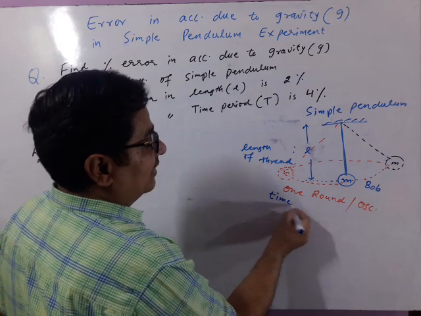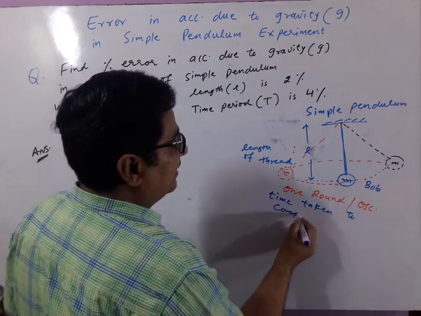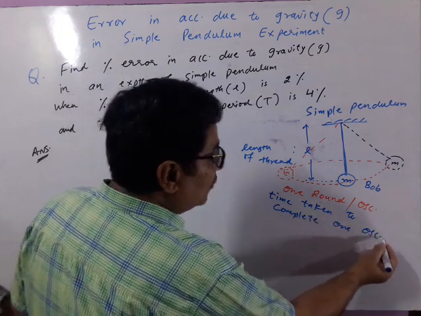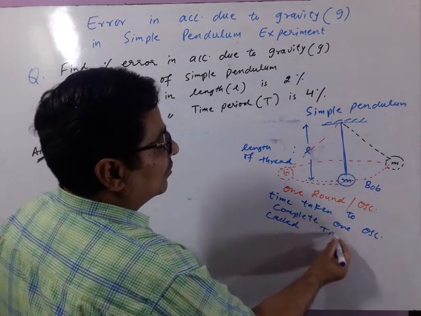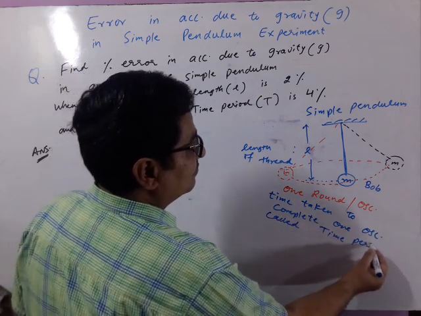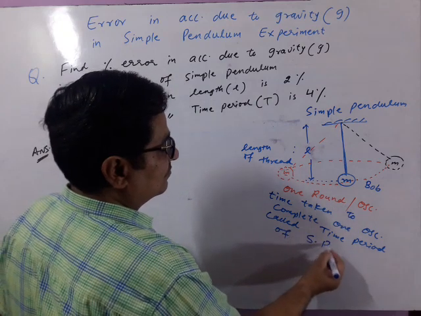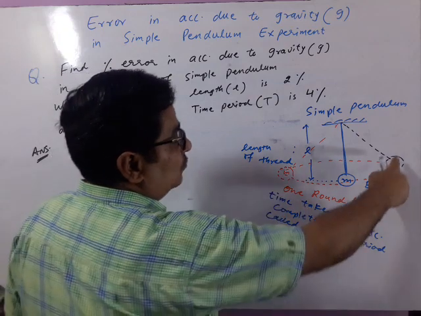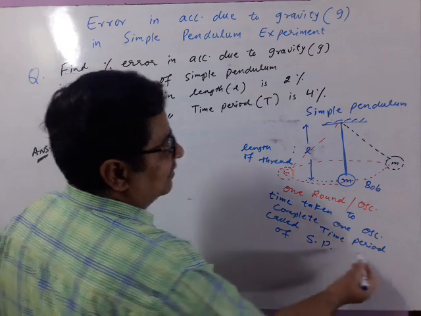So time taken to complete one round, one oscillation, called time period of simple pendulum. एक राउंड पूरा करने में जो समय लगे, that is time period.